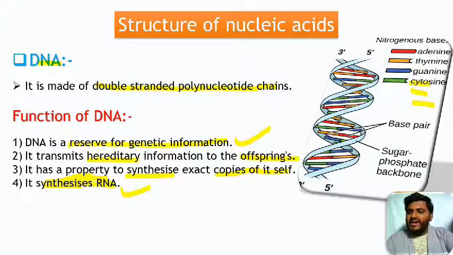What are these? Adenine, thymine, guanine, cytosine. These are the nitrogenous bases found in DNA. We have already studied the nitrogenous bases, what adenine, thymine, guanine and cytosine are and how they look, at an earlier stage. I hope you understood. So this is the structure of DNA and the function of DNA, and DNA is nothing but a double stranded polynucleotide chain.